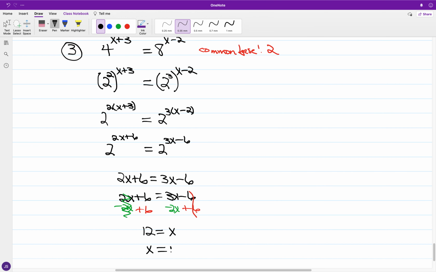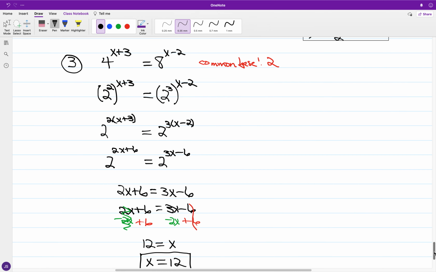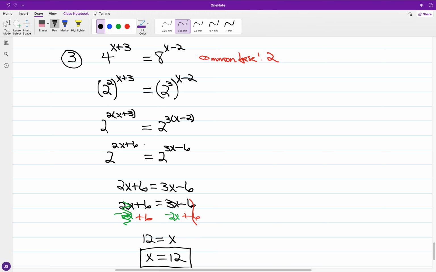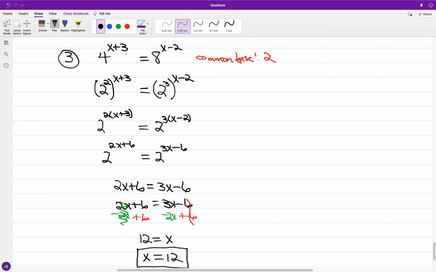And so the value of x is going to come out to 12. And in a sense, you could check: 12 plus 3 is 15, and 4 to the 15th would be equal to 8 raised to the 10th power. Now you have some large numbers here, but this is where the consistency is going to lie.